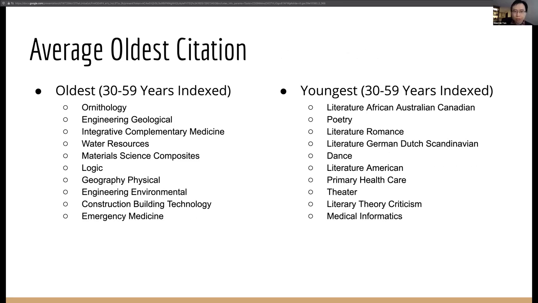Yeah, good question. So by oldest, you mean oldest in a particular paper that cites? Yeah, oldest per paper. Per paper. So it's whatever a paper has with oldest. One more question. Are these categories from Web of Science as well? Yes, these are all the Web of Science categories, the 252 main categories.